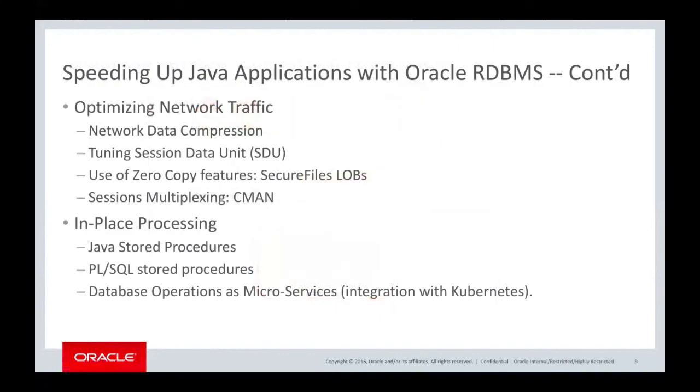Okay. So continuing with speeding up applications, optimizing the network traffic. We do have some features to help you in that space. The network data compression, and this is something we have introduced, I think in 12.1. I think it's been around for a while, but JDBC started to support this in 12.1. What it is, you specify that you want to do compression on the database. The driver will compress data which it receives from the database.